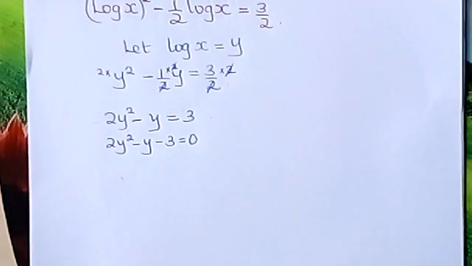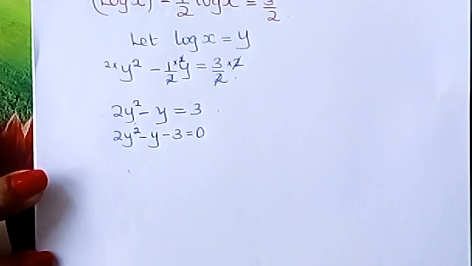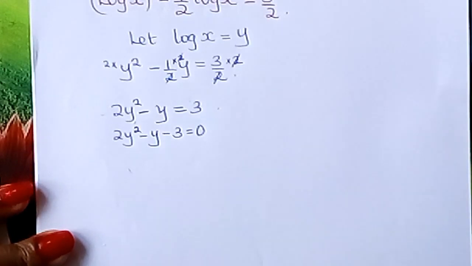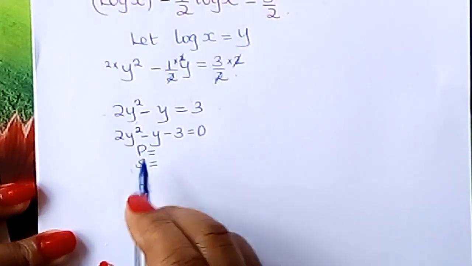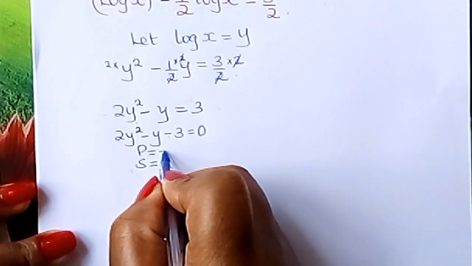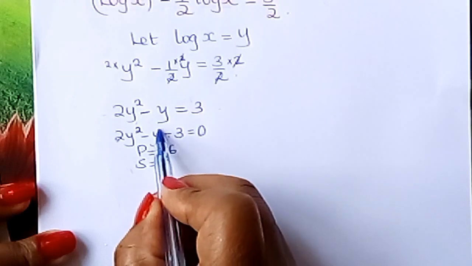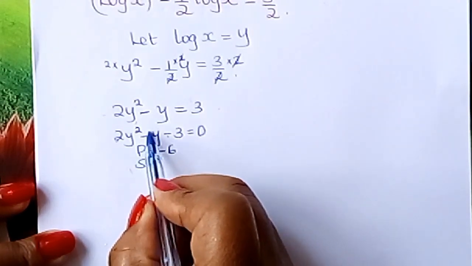Look at that, learner, a very good quadratic equation that you solve either by the factor method or by the quadratic formula. Let us use the factor method, product and sum. The product of this quadratic equation is minus 6, 2 times negative 3, and the sum is the coefficient of the middle term, which is negative 1.